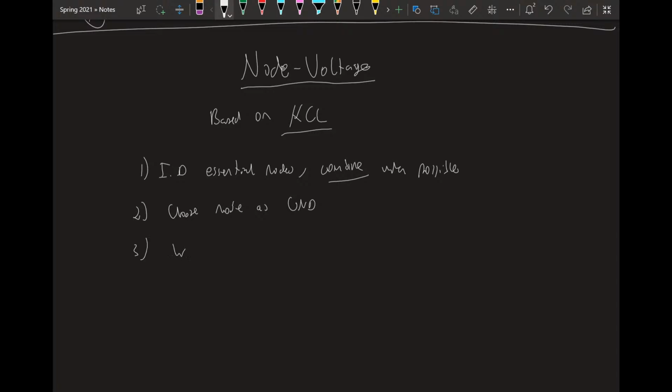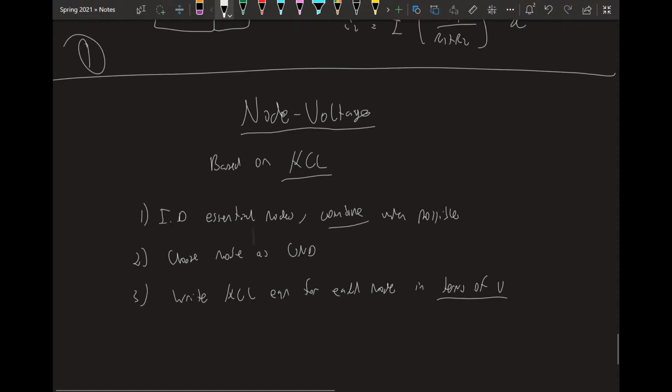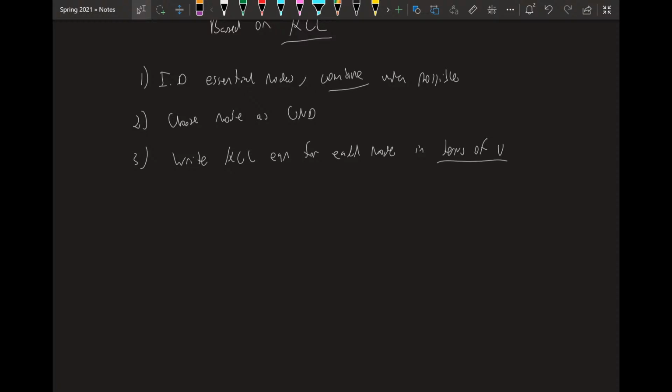Three, you want to write KCL equations for each node in terms of V. So what do I mean by in terms of V? We have a resistor, right? And let's say we're writing our KCL for VA, and there's some VB over here, and we have an R. We define our current going this way.